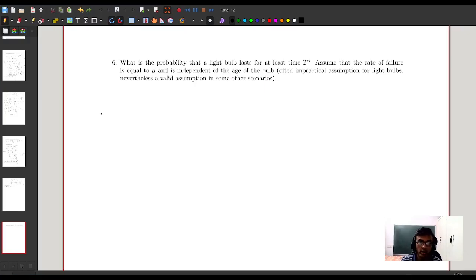So in this question we are going to model the probability distribution of the lifetime of a light bulb using some drastic assumptions, but still it will be useful to see how we can think of trying to model various events.